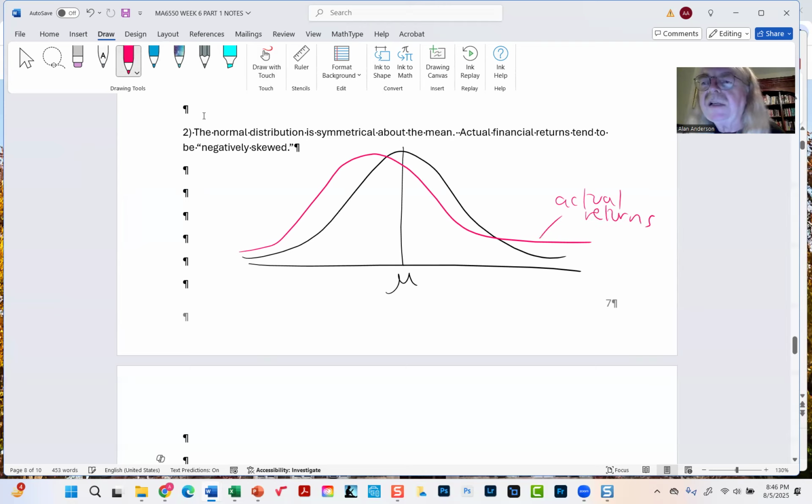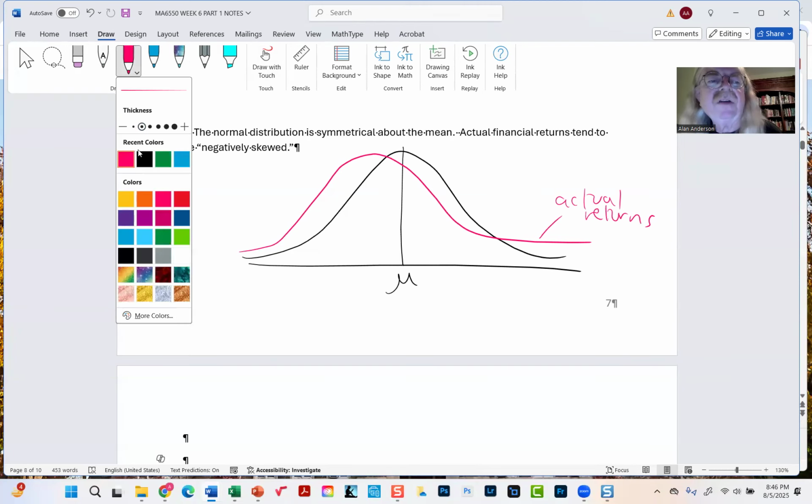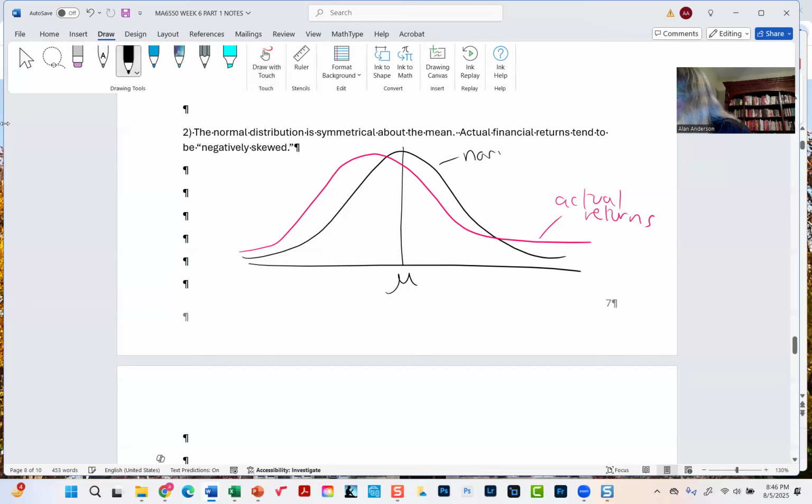So the probability of getting a negative return is higher than you would expect with the normal distribution. Now that's not a perfect graph by any means, but you get the sense that with actual returns, there's an imbalance where there tends to be more negative returns than positive. So that means the Black-Scholes assumption here is a little bit off. It's not a terrible assumption, but it's not perfect either.